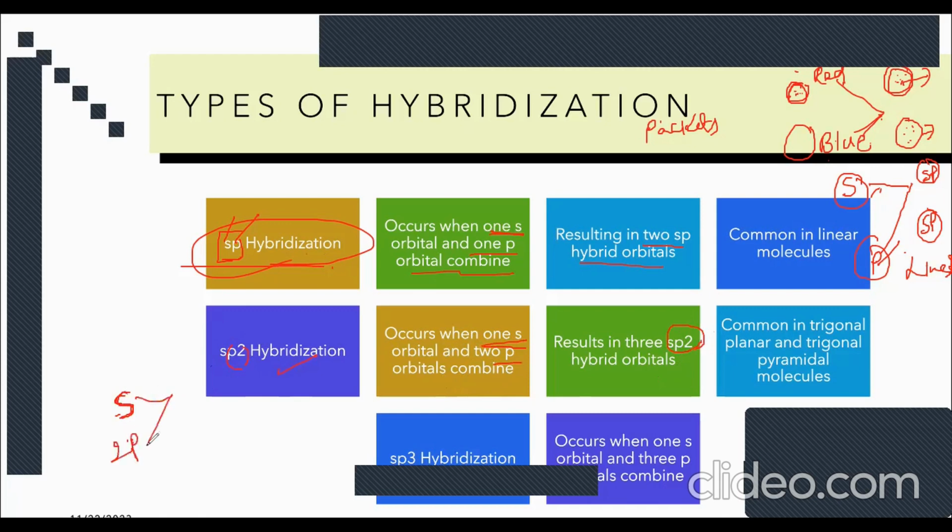Two p orbitals and one s orbital mixed together, you get sp2, another sp2. So how many orbitals do you get? Three sp2 orbitals.